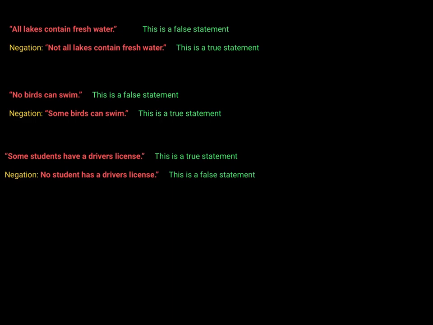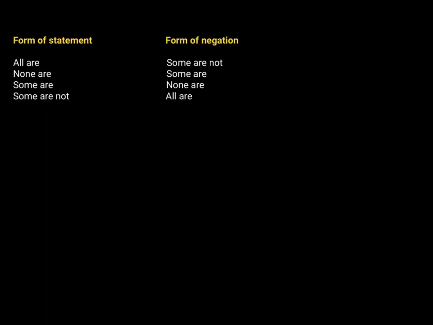All right, very good. Here's a little summary of what we've mentioned. This is the type of statement that we're considering, and then its negation. If a statement says all are, the negation would be some are not. If the statement is none are, then the negation would be some are. If the statement is some are, the negation would be none are. And finally, if the statement says some are not, the negation would be all are.